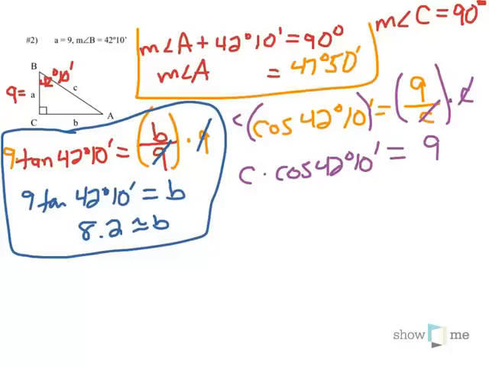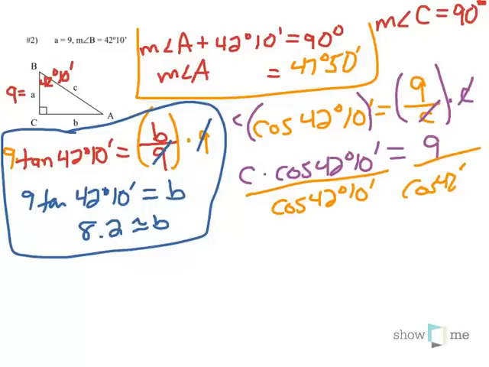To get C by itself completely, we want to get rid of the cosine of 42 degrees 10 minutes. So we divide both sides by it. So that gives us C equals 9 divided by cosine 42 degrees 10 minutes.